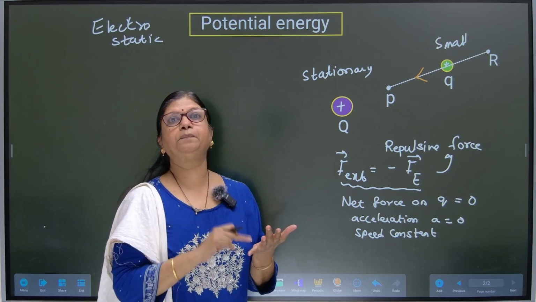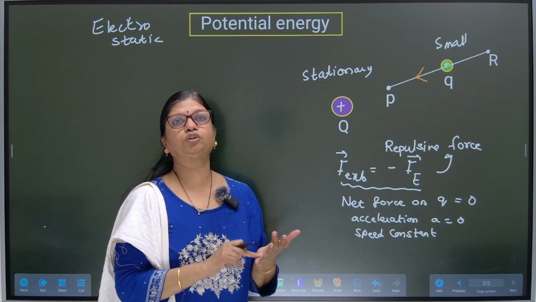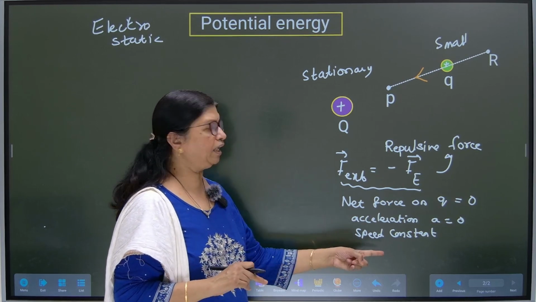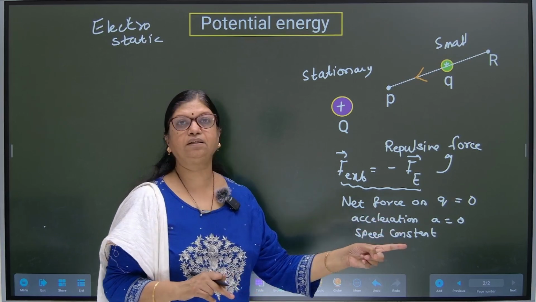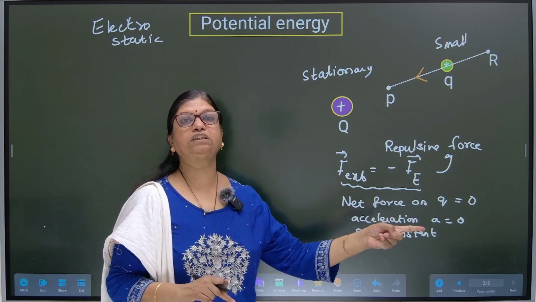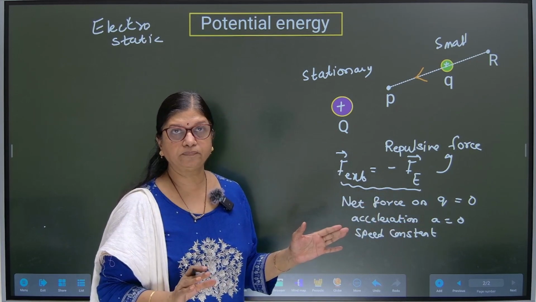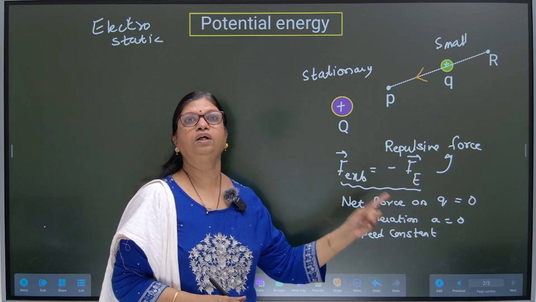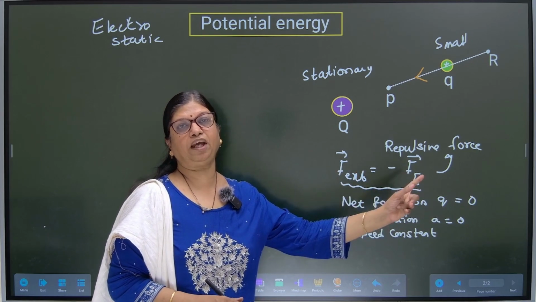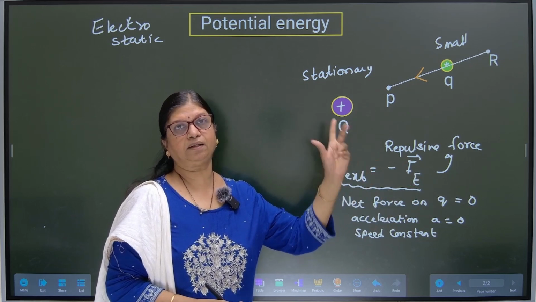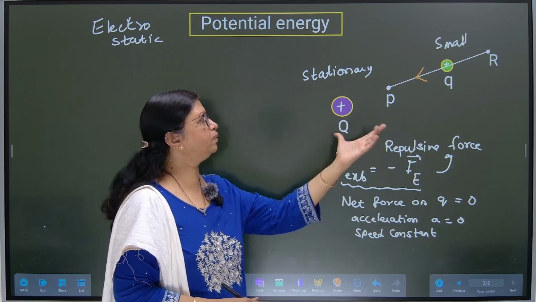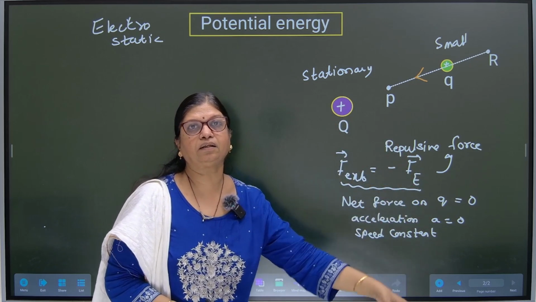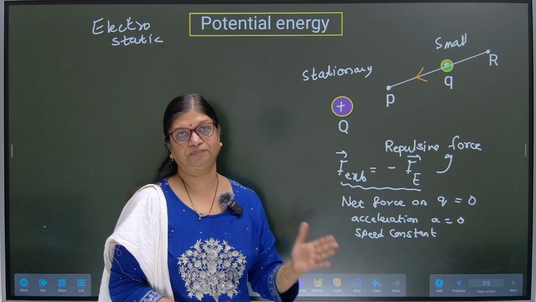Here I am bringing the charge with a constant speed with 0 acceleration. Net force on the charge is 0. Why? Because F external is equal to negative of F electrostatic, that is the repulsive force between these two charges. Connect it like a story.